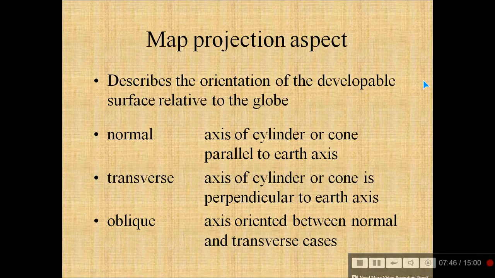That is why these are called developable surfaces. Normal: axis of the cylinder or cone parallel to the earth's axis. Transverse: axis of a cylinder or cone is perpendicular to the earth's axis. And oblique. Normal is this, transverse is this, oblique is this.